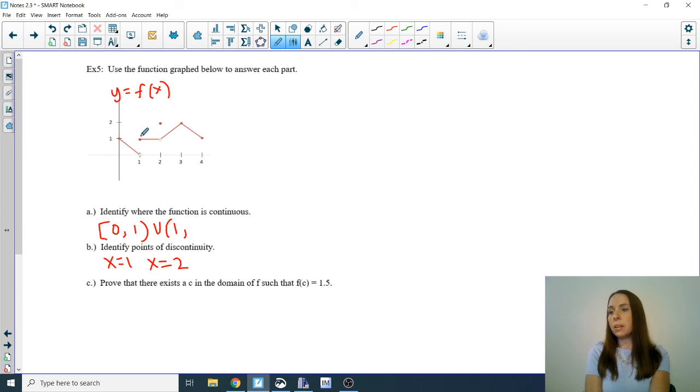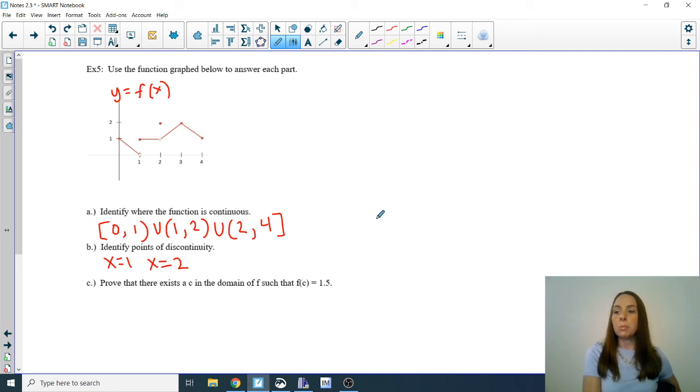Continuous everywhere until x equals 2. Not continuous at x equals 2, so you need parentheses around the 2's. And finally, it is continuous everywhere from 2 to the endpoint of 4. So let's end with our 4 there, bracket around 4. Okay, a little review of interval notation to show here where the function is continuous.